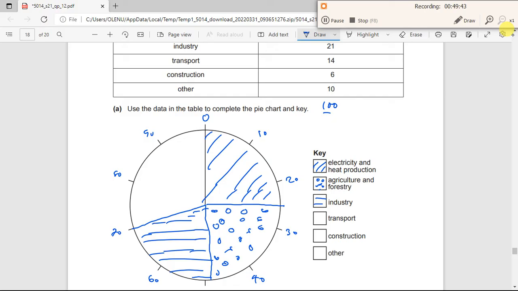Then next I have transport, 14. So this is 10, 80, 10, so that will give me 84. So I can make this one this way.